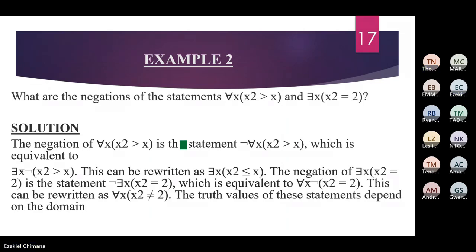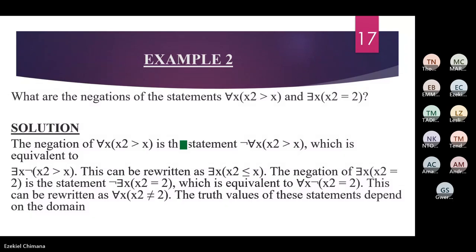All right. With our example 2, what are the negations of the statements: for all x, x squared is greater than x, and there exists x such that x squared equals 2? Then the solution that we have: the negation of for all x, x squared is greater than x, is the statement negation of for all x, x squared is greater than x, which is equivalent to there exists x, negation of x squared is greater than x.